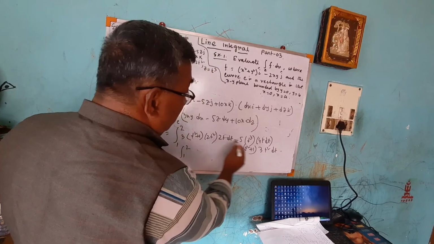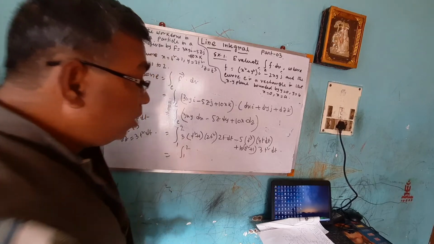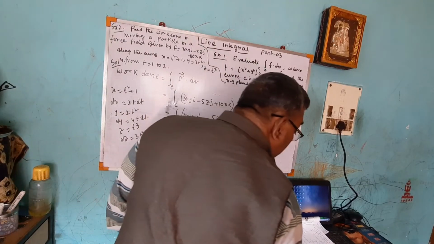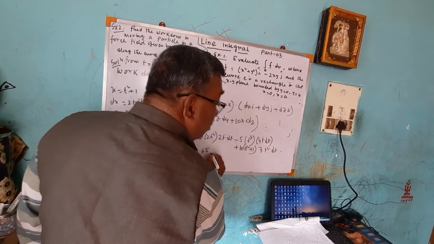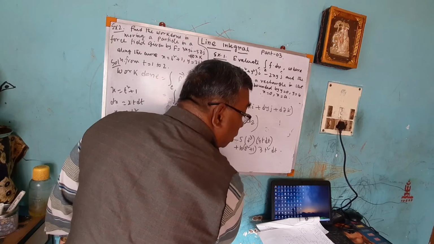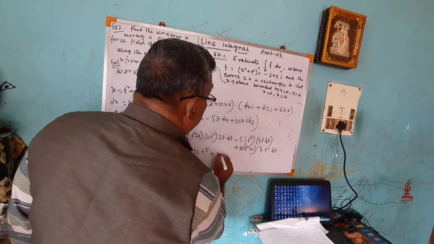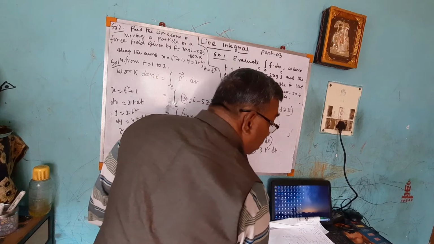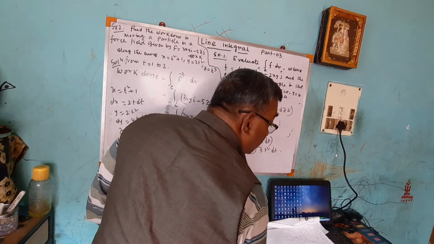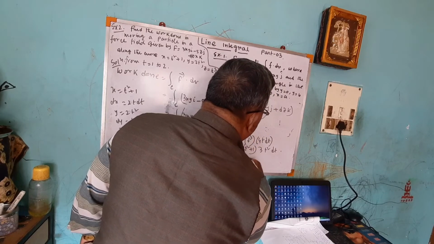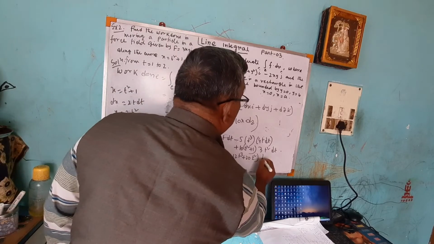So simplify all this, taking dt common. The answer becomes 12t to the power 5 plus 10t to the power 4 plus 12t cube plus 30t square, into dt.